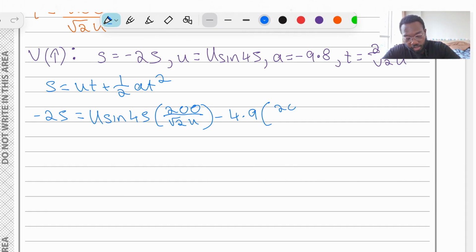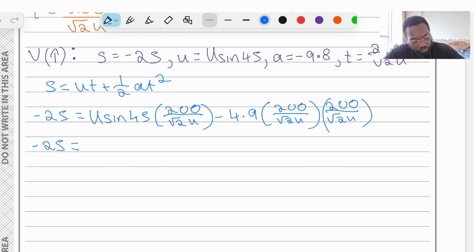I'm going to write it as 200 over root 2u times 200 over root 2u, and then I will work that out later. So now at this stage, we get minus 25 is equal to u root 2 over 2 times 200 over root 2u, because sine 45 is just root 2 over 2.